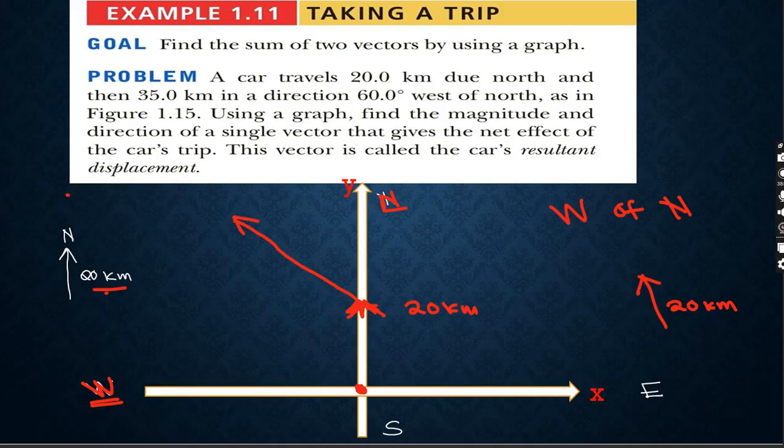Now, where are we going to put our vector? When you say west of north, it means the angle is closer to north. So our 60 degrees is going to be here. I'm failing to draw this line, but here we also have the first vector which moved north.